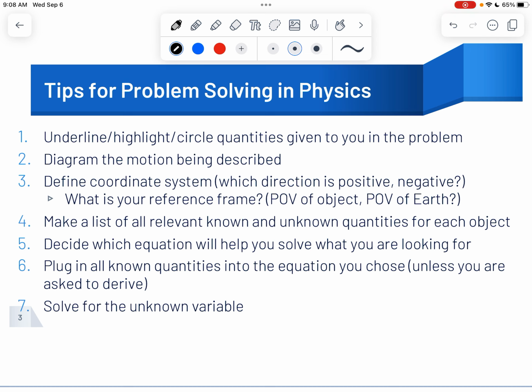And then from there, the biggest thing that's going to help us establish these calculations is that we make sure we define whatever our coordinate system is. So again, we want to know what direction is positive, what direction is negative. Sometimes this can even be saying we're viewing this motion from the point of view of an outside observer sitting on Earth, or maybe from the point of view of the object itself.